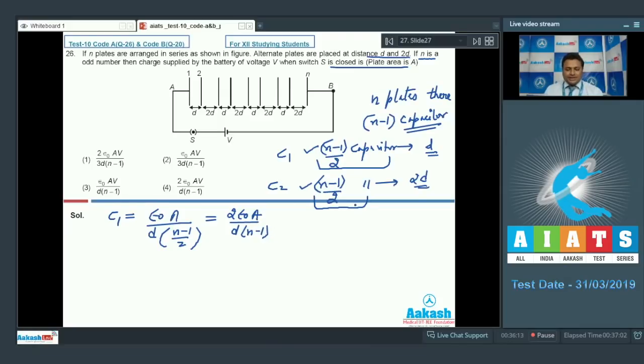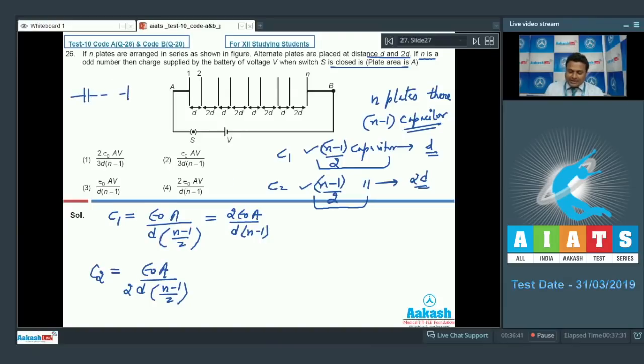The equivalent capacitance of all the capacitors having plate separation 2d will be C2, and that will be given as epsilon naught A divided by 2d times (n-1)/2, where n-1 is the total number of capacitors and they are in series. That's why we are applying this formula.